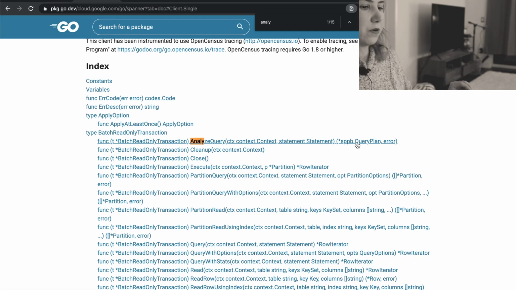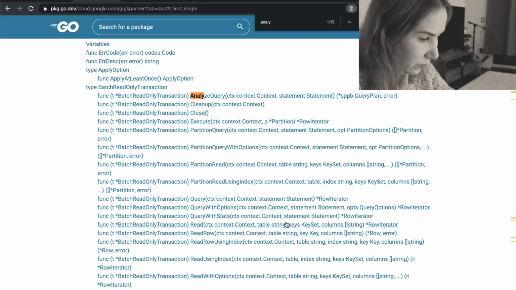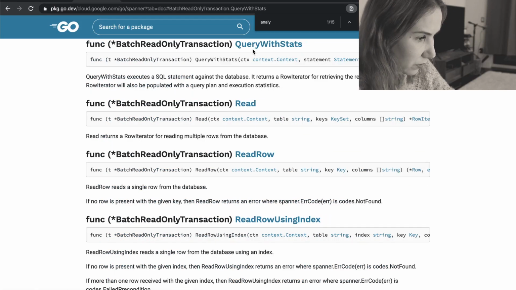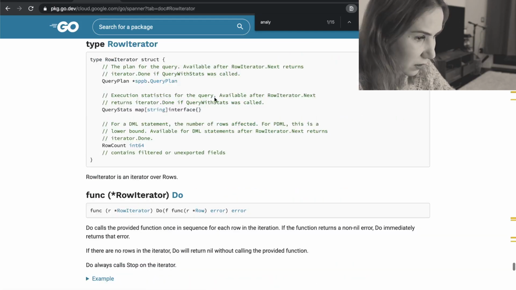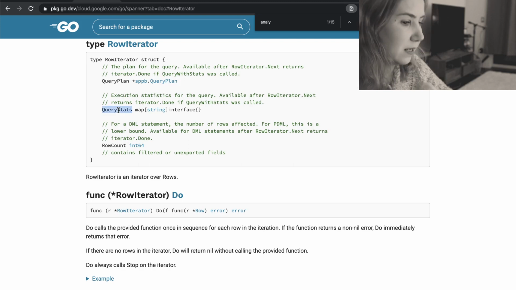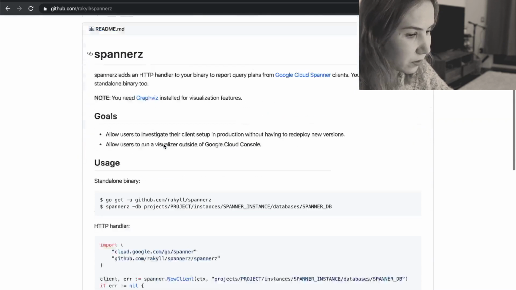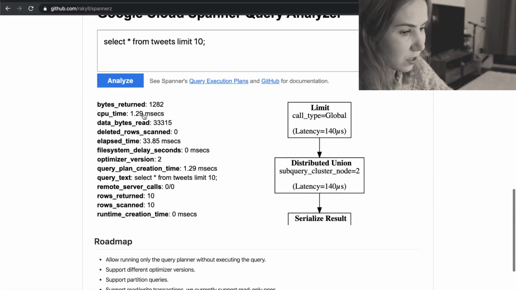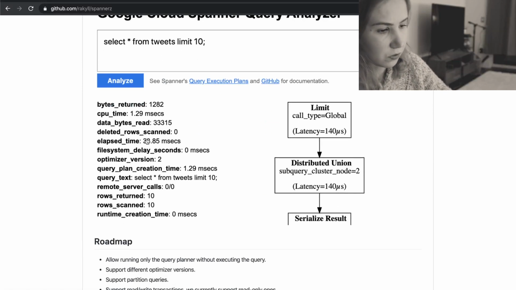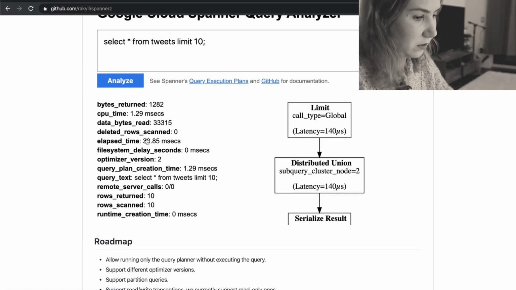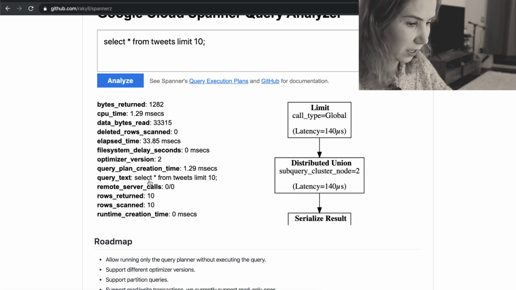One thing that I want to show was this query with stats. It's also very cool because it returns a row iterator with stats, and these stats are the ones I've been showing you on this screenshot here, like bytes returned, CPU time, bytes read, rows scanned, and so on.